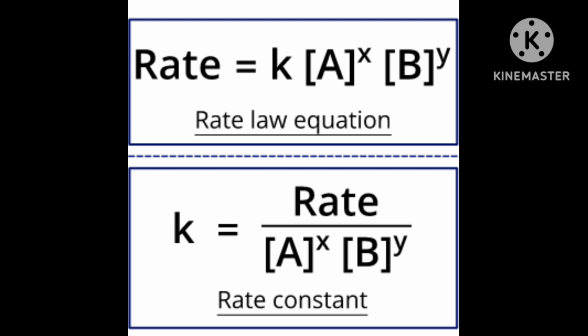Now keep the NO concentration constant, 0.30 only, and increase the oxygen from 0.30 to 0.60. Then the product formed, in comparison to the first product, has increased to 0.192, but it is less than the second one.